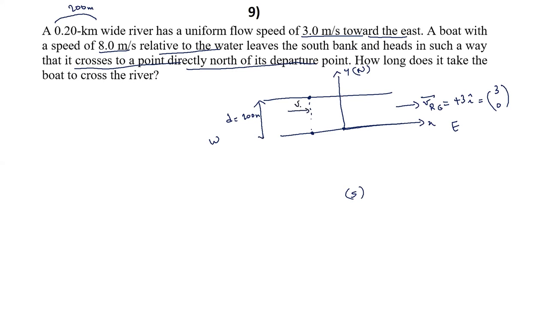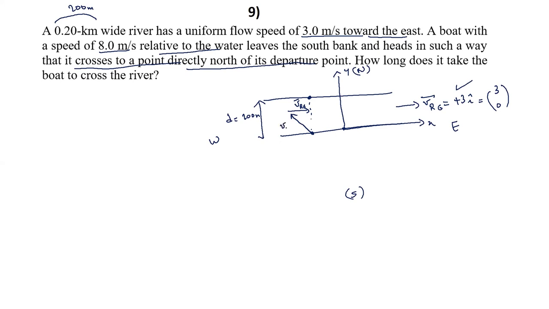This is the velocity of the river with respect to the ground, and I know it already here. Now, what does the boat have to do? If he wants to end up here, he wants to go toward this direction. He will go opposite, okay? He will go a little bit against the flow of the river.